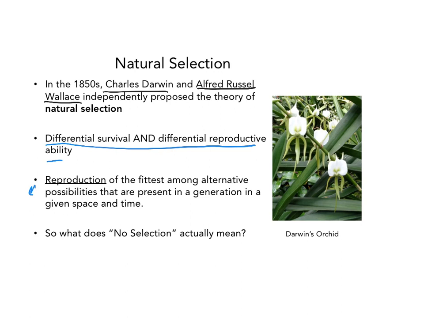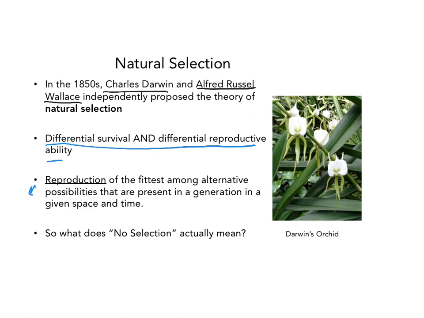So, if I remind you, one of the conditions of Hardy-Weinberg equilibrium is that we assume that all gametes have an equal probability of contributing to the next generation, and that each individual contributes the same number of gametes. That's an inherent assumption of Hardy-Weinberg equilibrium.